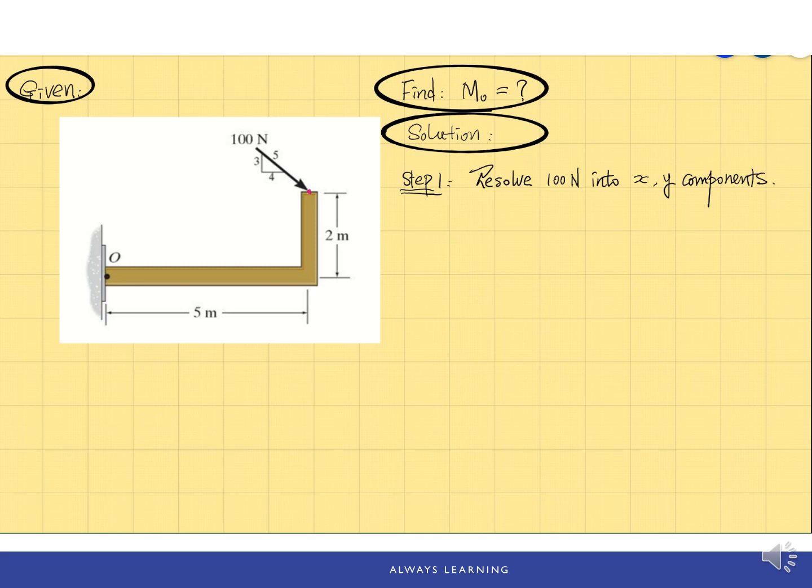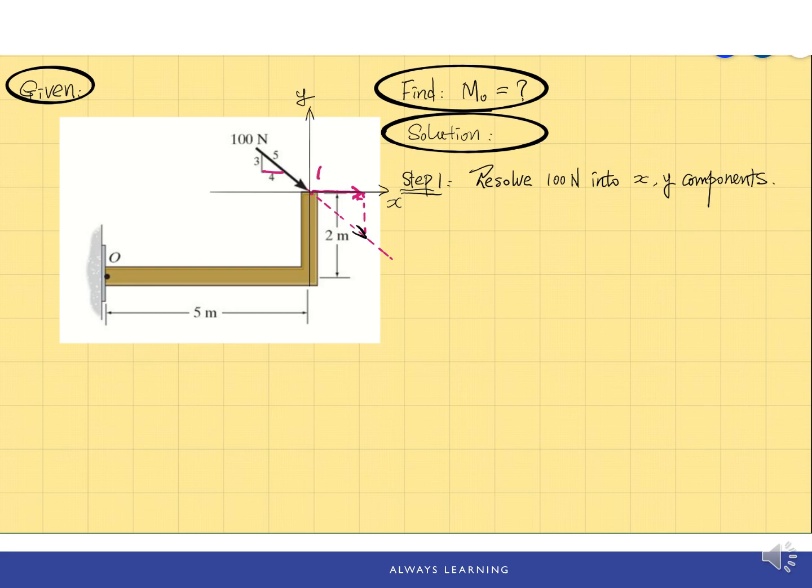If we resolve the 100 N force at this point, it's easier if you extend the line of action of the force a little bit, and also build the XY axis at this point that you're going to resolve. Then we resolve the force into the X direction. This is Fx, which is parallel to the line with the number 4.